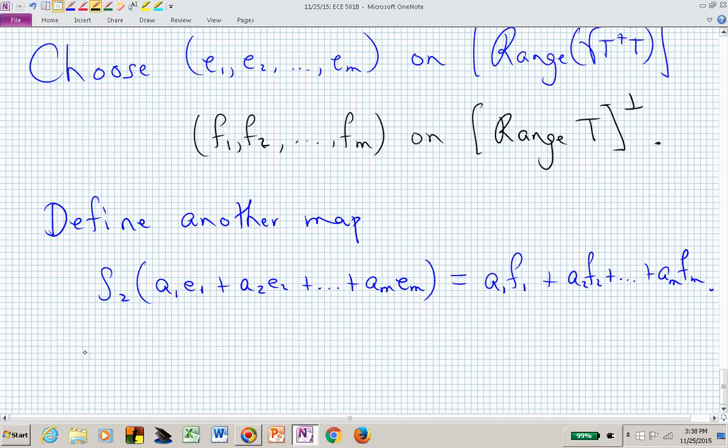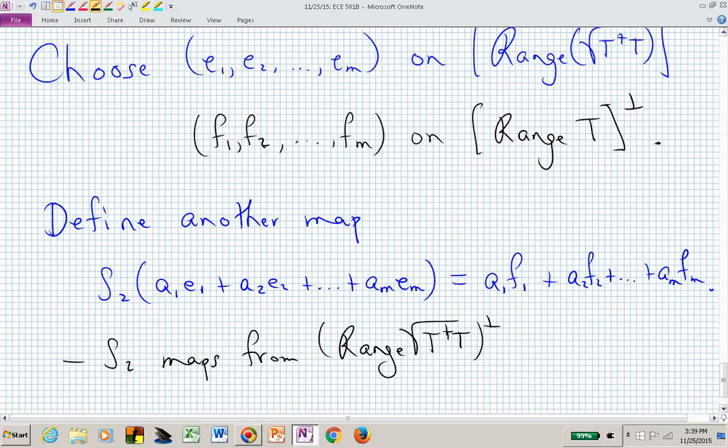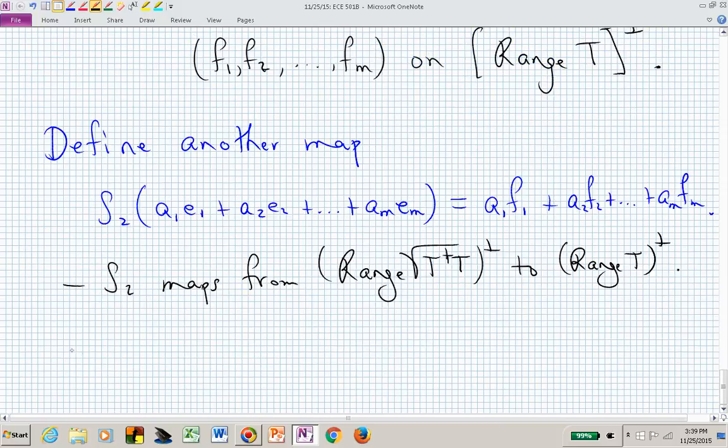S sub 2 then maps from the range of the square root of T dagger T perp to the range of T perp, and make sure it's clear that the weights on those two basis vectors are in fact the same.